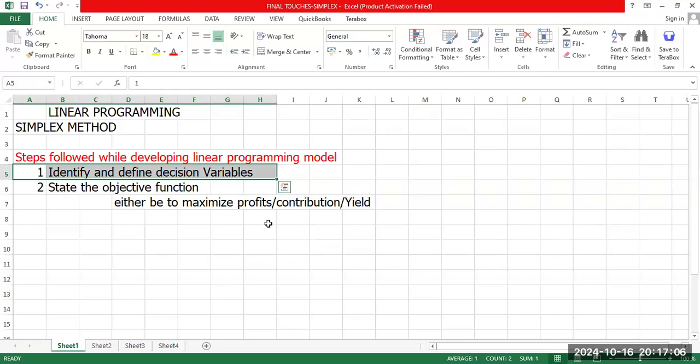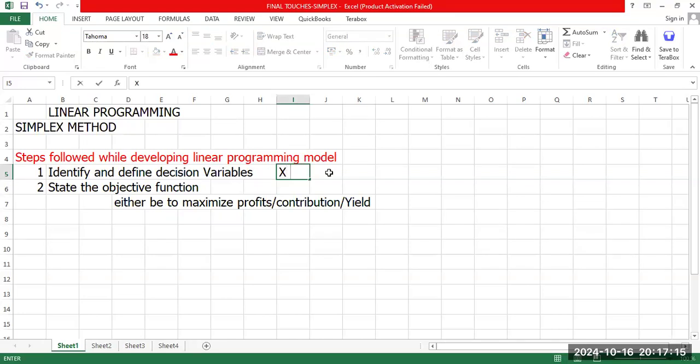And you'll be having the target as a company. If you're saying that you have, let's say, product X and product Y, then what is my target? What am I aiming at? How much do I expect to earn as a profit on product X?